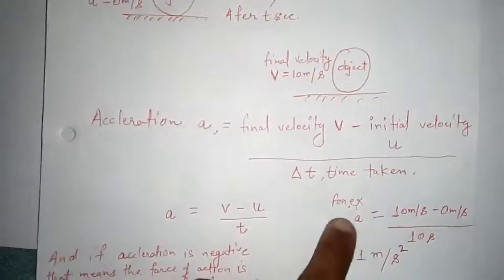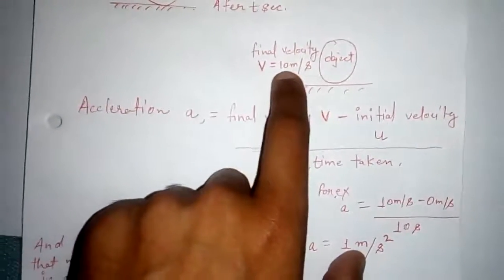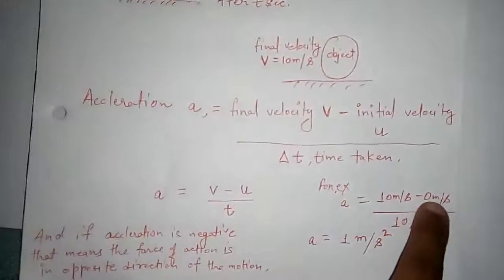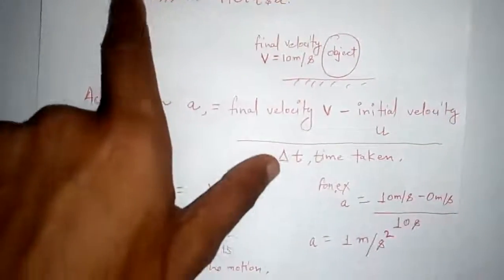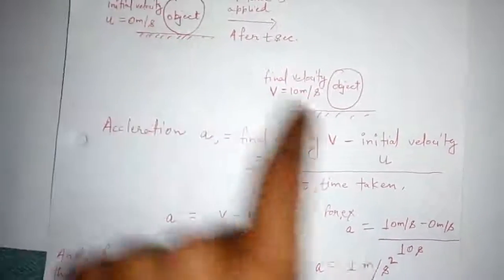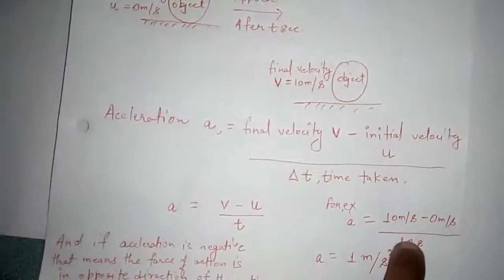So the acceleration is the final velocity, 10 meters per second, minus the initial velocity, which was 0 meters per second, so 10 minus 0 becomes 10, upon 10 seconds.